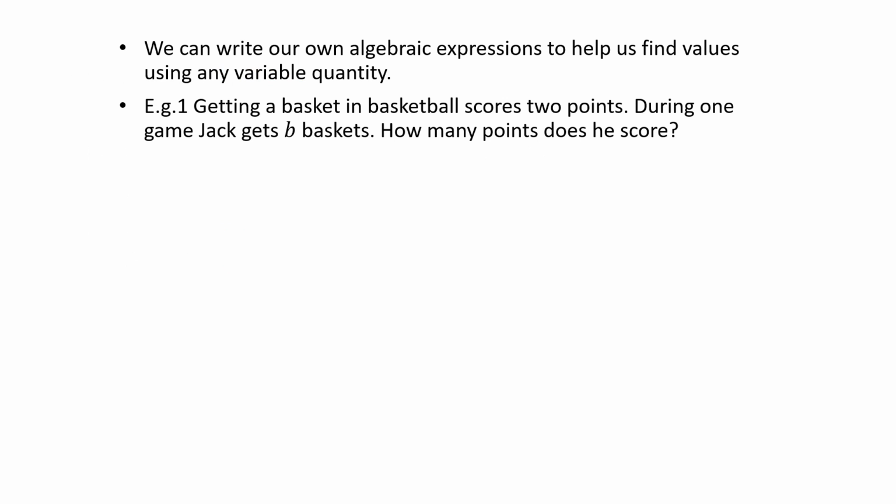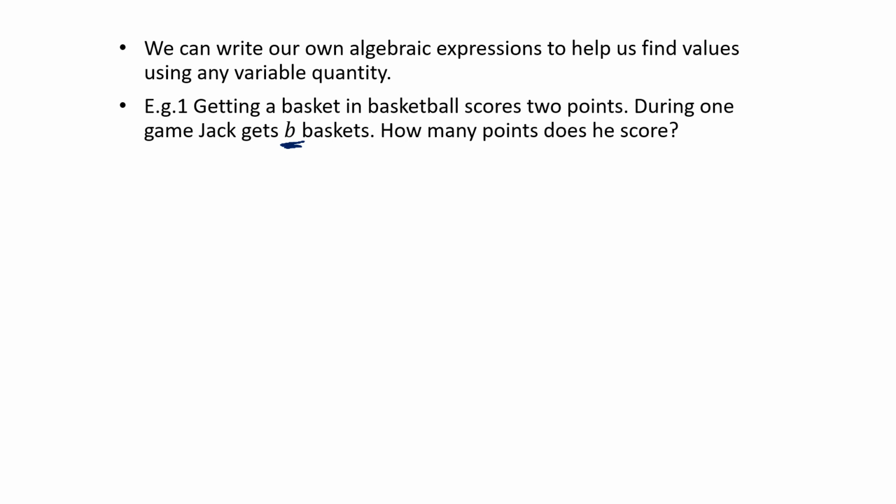We can use algebra to write our own expressions to help us find values using variable quantities. In this example, we can see getting a basket in basketball scores 2 points. During one game, Jack gets b baskets. How many points does he score? So in this example, b is our variable. For every basket, he gets 2 points.